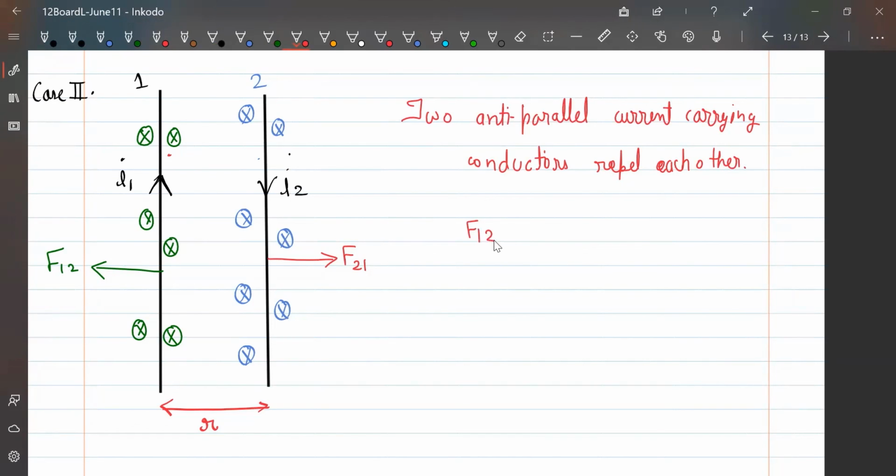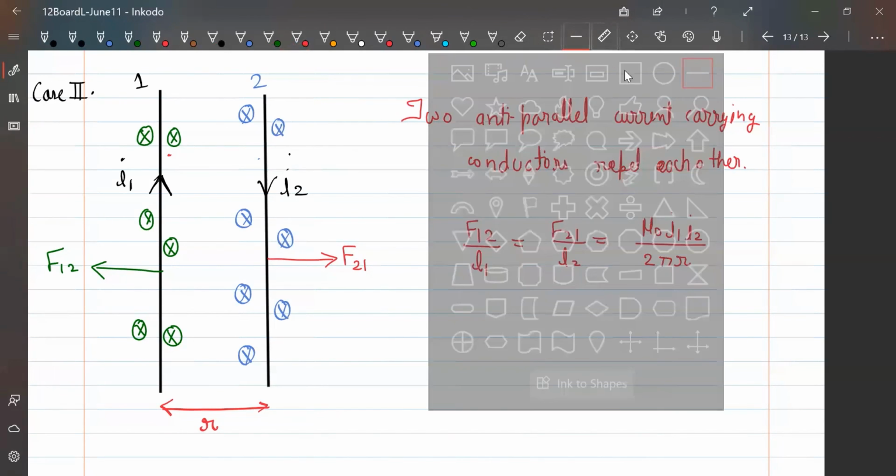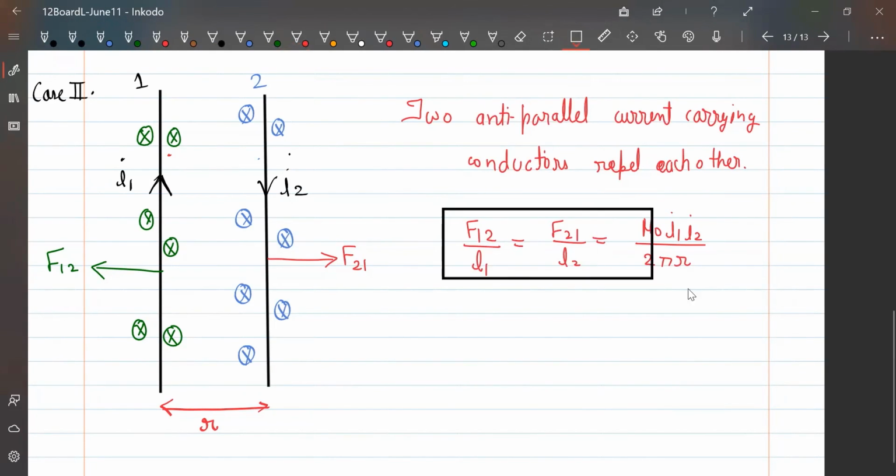So F12, force on 1 due to 2 by length of 1, is equal to force on 2 due to 1 by length of 2. The magnitude of the force is mu naught I1 I2 by 2 pi r, where r is the distance between the parallel wires or anti-parallel wires.